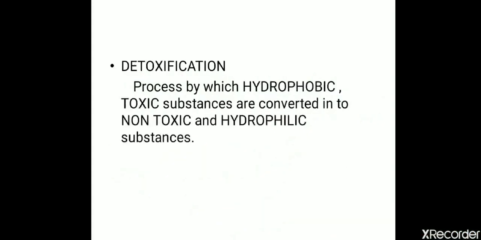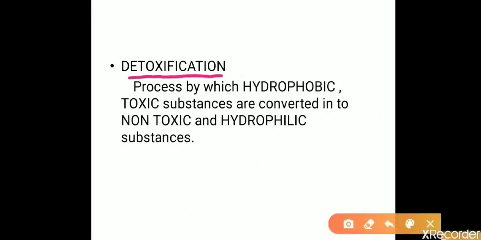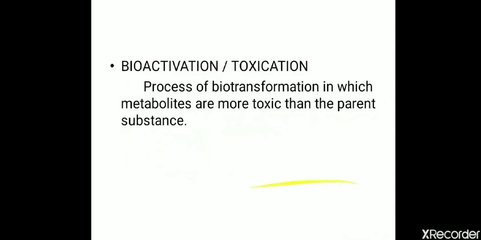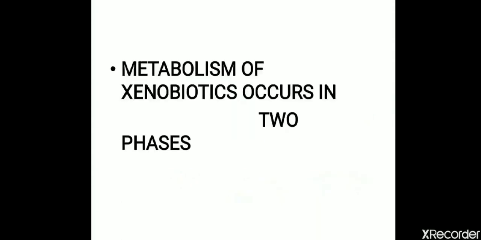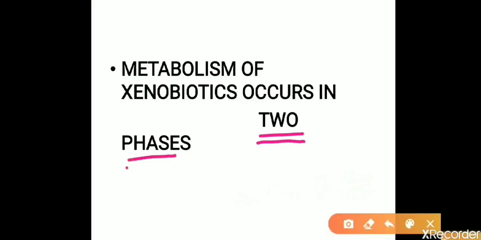The second type of biotransformation is detoxification. Detoxification, as the name means, is the conversion of a toxic substance into a non-toxic or less toxic form. So a toxic substance is converted into a non-toxic hydrophilic form. That is known as a detoxification reaction. So biotransformation can be either a bioactivation or a detoxification reaction. Coming to the metabolism of xenobiotic compounds, they undergo metabolism in two phases: phase 1 reaction and phase 2 reaction.